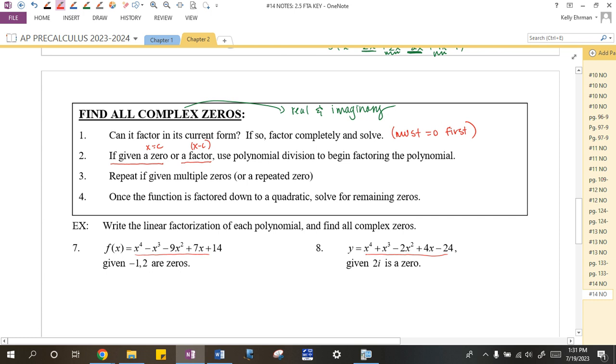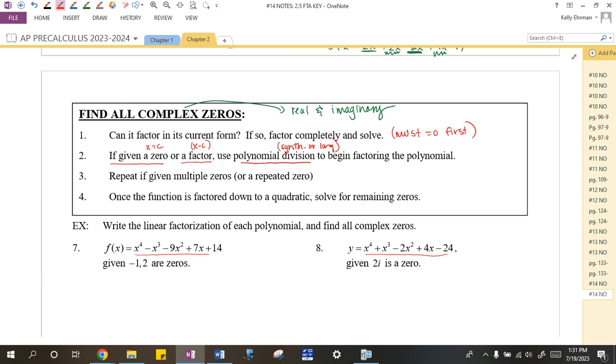Then if that's the case, you can use polynomial division, and depending on what you're given, it could be synthetic or long division, depending on whether you're given a linear factor or not, to begin factoring the polynomial. If you're given multiple zeros or multiple factors, you'll need to repeat the polynomial division. So you might have 2 rounds if it's a degree 4, or 3 rounds if it's degree 5.